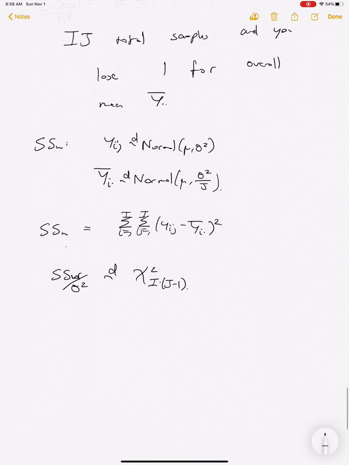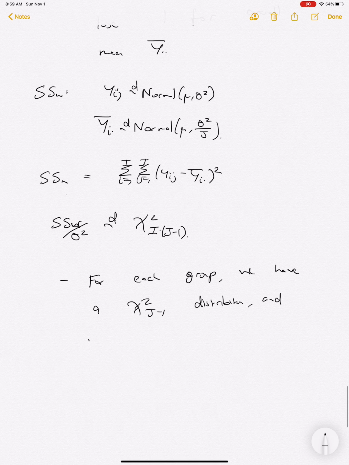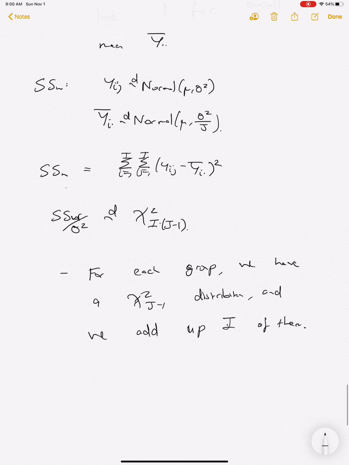The intuition behind that is that for each group, we have a chi squared J minus 1 distribution, and we add up I of them.